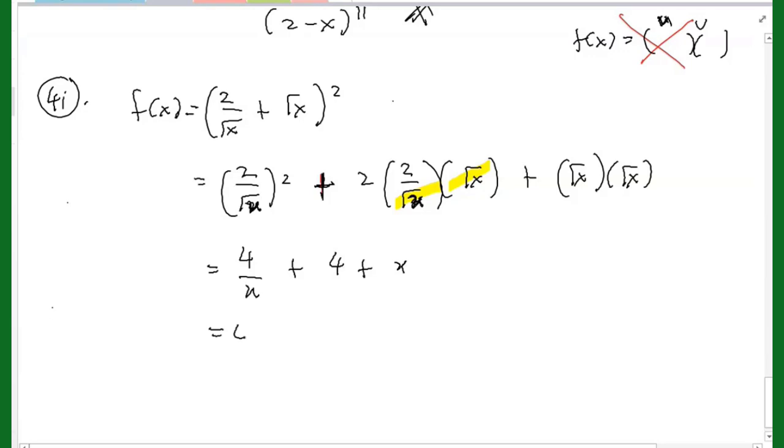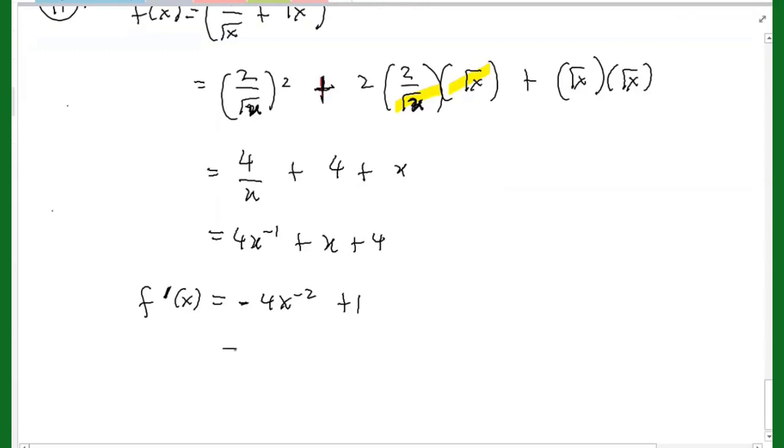So bring it up before you differentiate, and now once you differentiate, write down f prime of x. Okay, so negative 4x to the negative 2, plus 1. Then okay, write like this, then it is settled. Check the answer. For I, okay, settled.